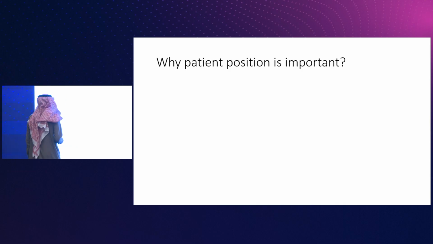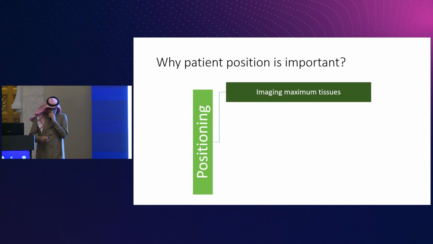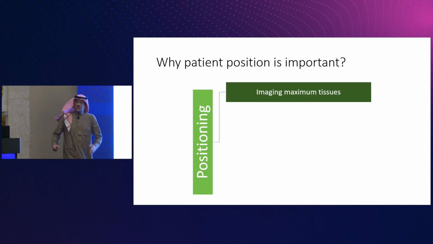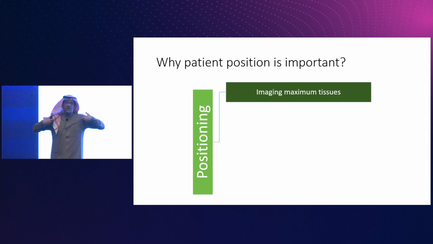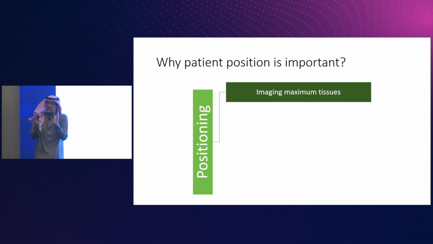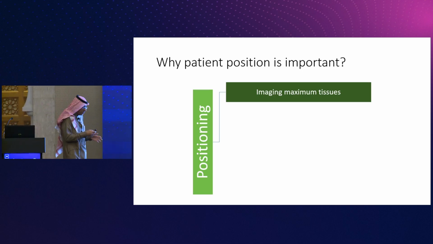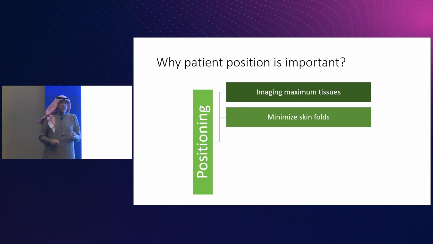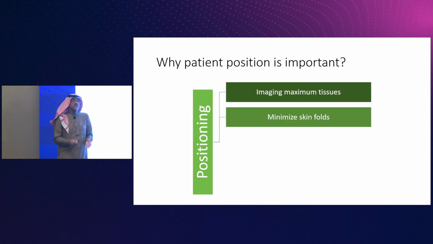Okay. Why is position important? Good positioning is important because I need to image maximum tissue. So when we do breast, we are doing from here up to here. We are including the axilla. It's not the breast itself, right? So we need the maximum tissue. We need to minimize the fold. The fold is the enemy in a breast MRI because it disturbs the fat sat.